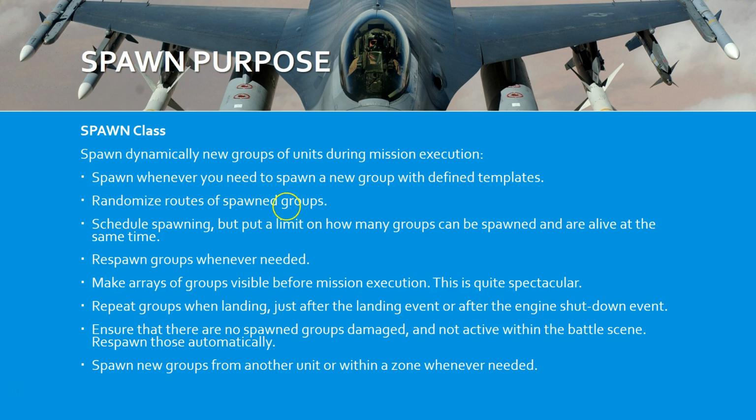And the last point is, you want to be able to spawn new groups maybe from the position of another unit during mission execution or within a zone whenever you need to. So I'll move now forward to the demonstrations to show you the coding of these functions, as well as the demo of how this runs in a mission.